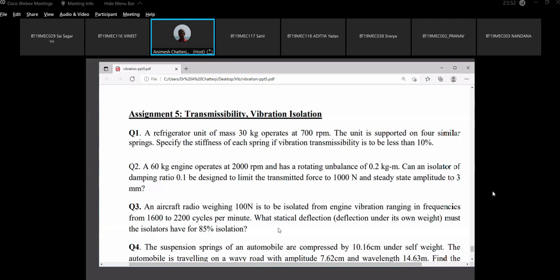Take 2 minutes, read it carefully, understand, and tell me how you will start. So we'll find the frequency ratio.